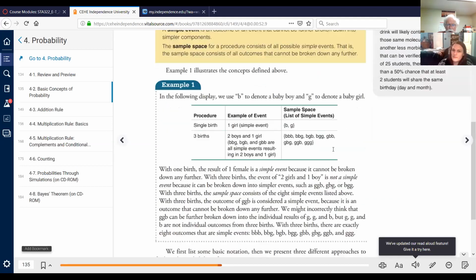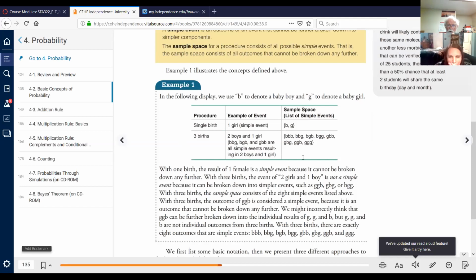So in these cases, okay, if we're looking at, say, three single births, we're not looking at triplets here. We're looking at three single births. There can be three boys, two boys and a girl.